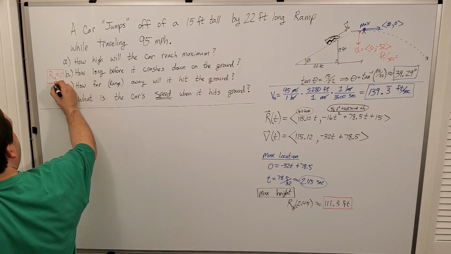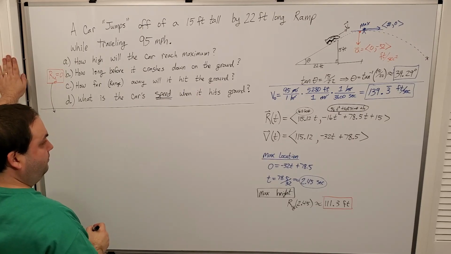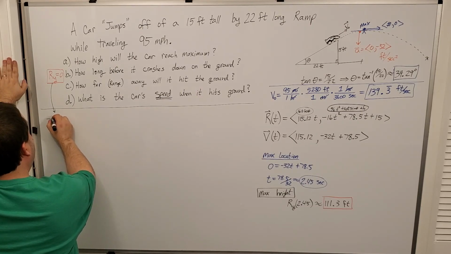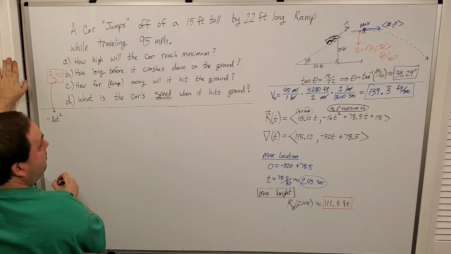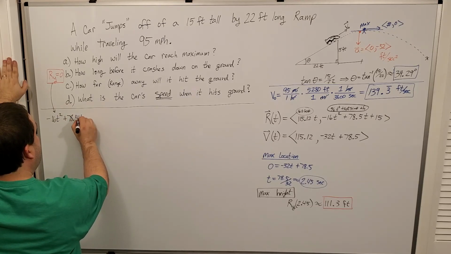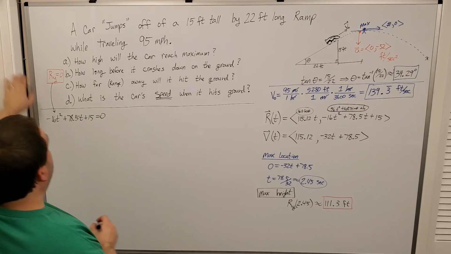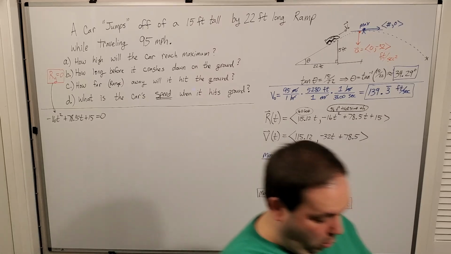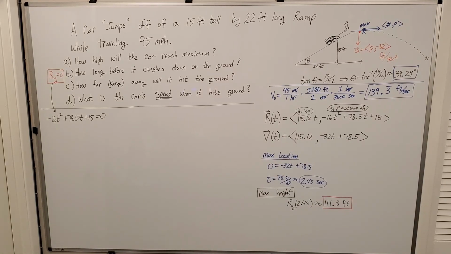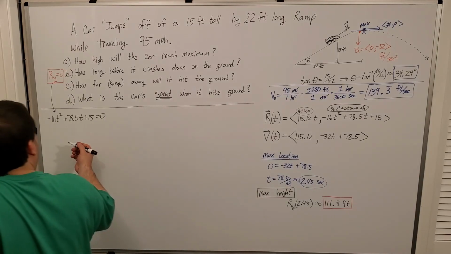Ry is equal to 0. Okay, so let's do that one. I have negative 16t squared plus 78.5t plus 15 is equal to 0. And that's a quadratic equation.